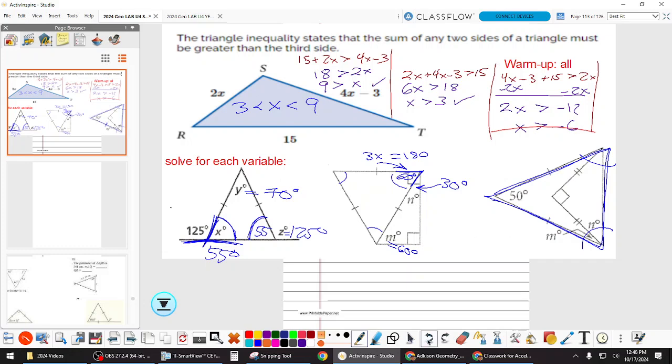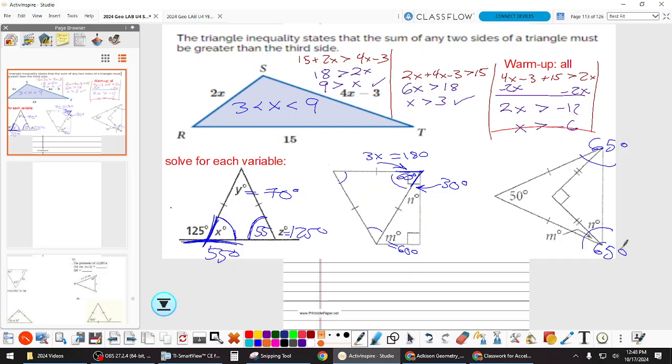So, what does that make these two angles I marked as congruent? Well, if this is 50, these two are equal. What's the leftovers that we have to split up from 180? Yeah, so 50 taken away from 180 is 130, which means we need to divide that evenly, so 65 degrees each.